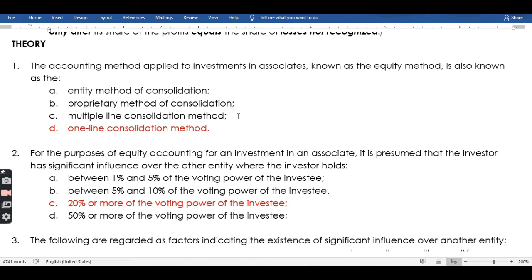So kaya siya tinawag na one-line consolidation method. Okay, meaning sa isang account lang or sa isang line item lang natin ipapasok lahat yung ating items. Okay? So yun yung consideration natin dyan. Okay. Sige. So next question tayo.